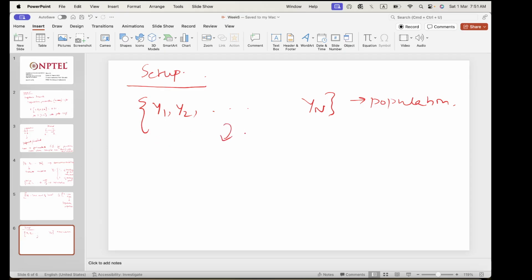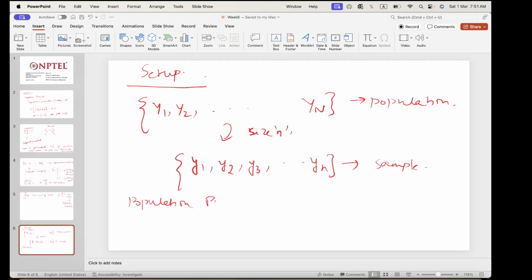From here we draw a sample of size small n, and this is our sample. Then for the population proportion, let us define yi equal to 1 if it's a case, this case definition will vary from problem to problem, and 0 if not.